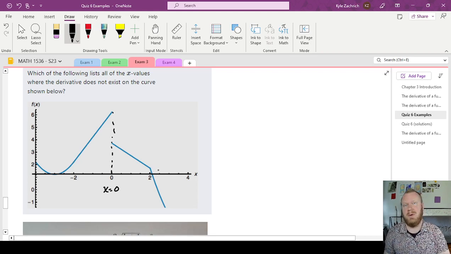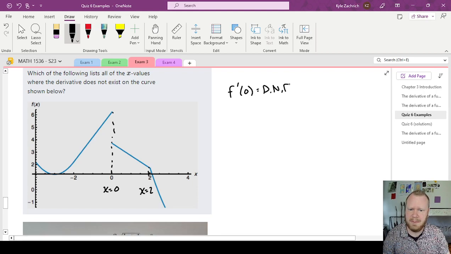The other thing we could look for is a vertical tangent line. I don't see that anywhere here, but we do have a corner here. So that sharp corner tells us that also f prime of 0 does not exist, and f prime of 2 also does not exist.